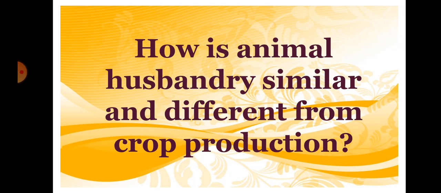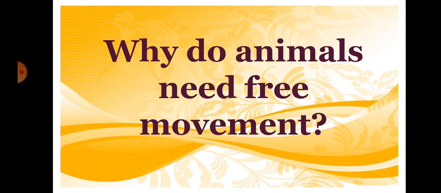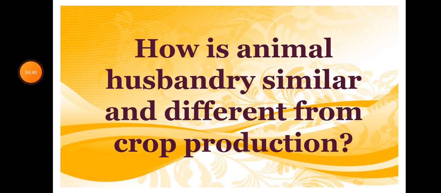Now let's move to our next topic: how is animal husbandry similar to and different from crop production, and why do animals need free movement? We know that like crop production, animal husbandry also involves certain steps and special care.